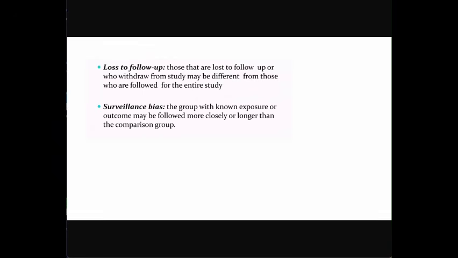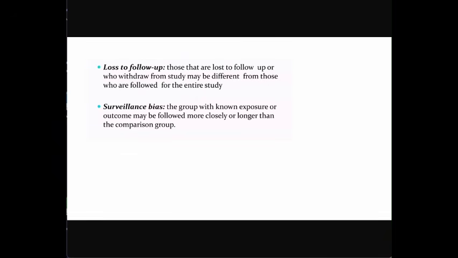Surveillance bias. There are several groups. The group with known exposures or outcome may be followed more. If we know that somebody is a smoker and our hypothesis is that smokers usually are more likely to have lung disease, we will examine the person's lung, even if we are not seeing anything, as if we're insisting on seeing something.